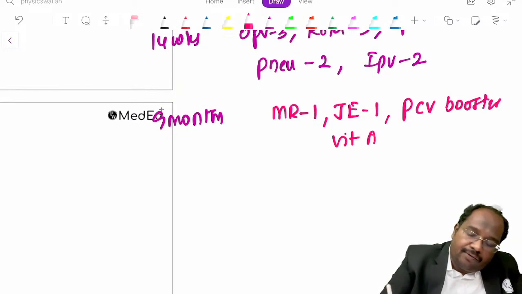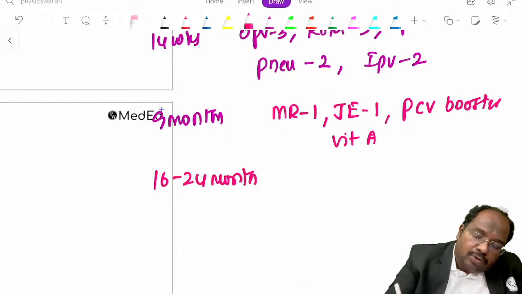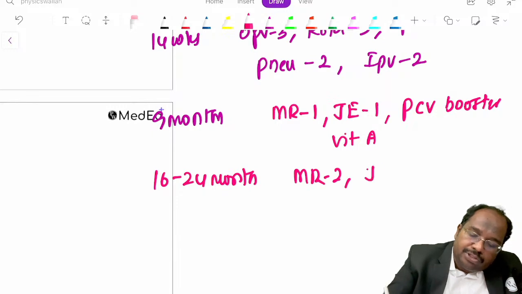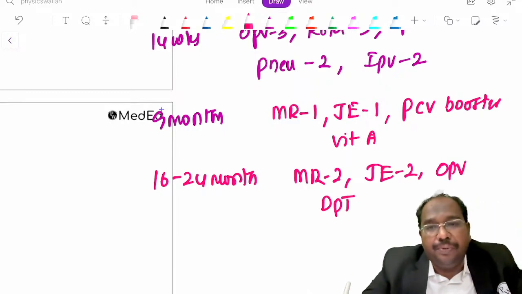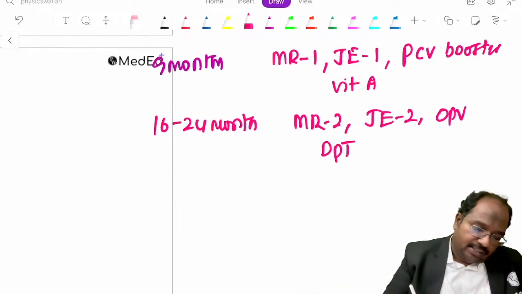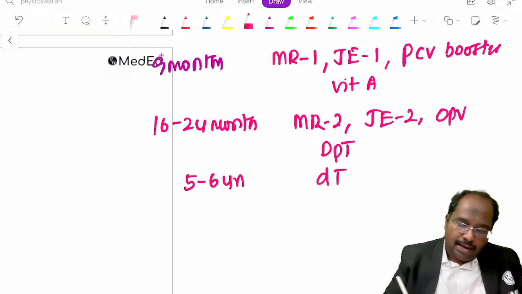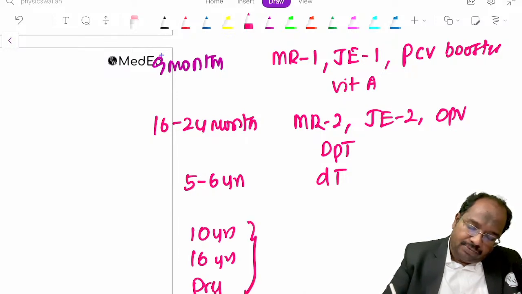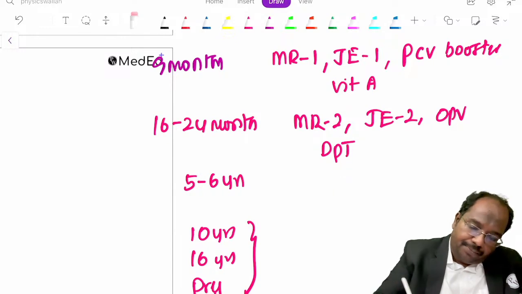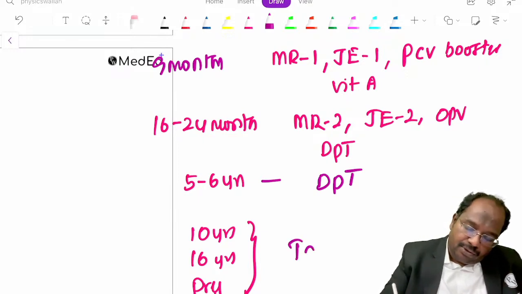We also give vitamin A. Again at 16 to 24 months: MR2, JE2, OPV booster, and DPT. At 5 to 6 years we give DPT, not DT. At 10 years, 16 years, and pregnancy, we will give the TD vaccine.